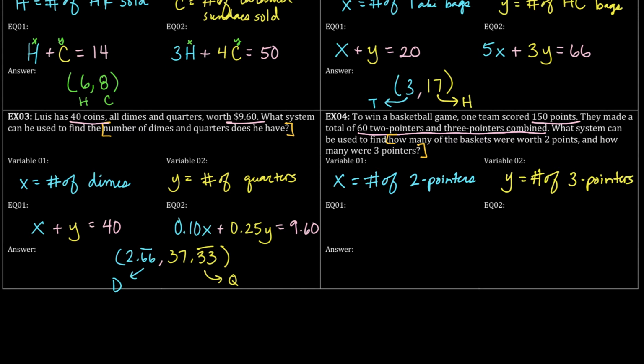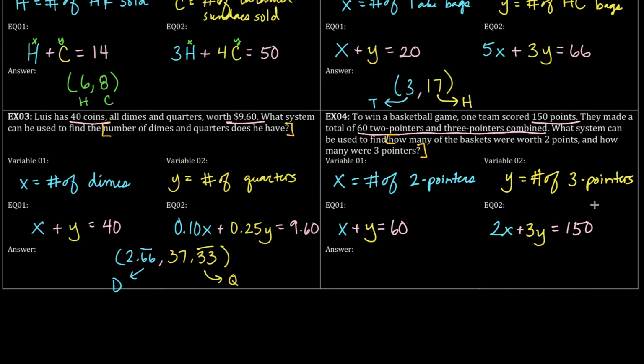We know that the number of 2-pointers and the number of 3-pointers together provide a total of 60. We know that 2 points per 2-pointer plus 3 points per 3-pointer will give me a total of 150 points.